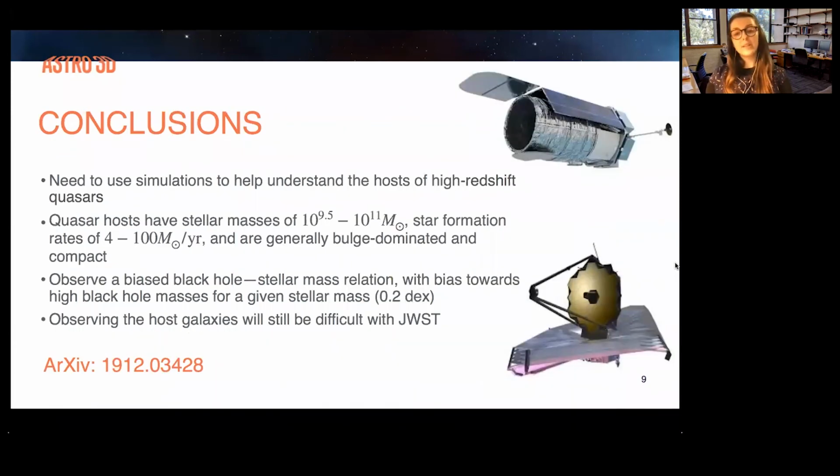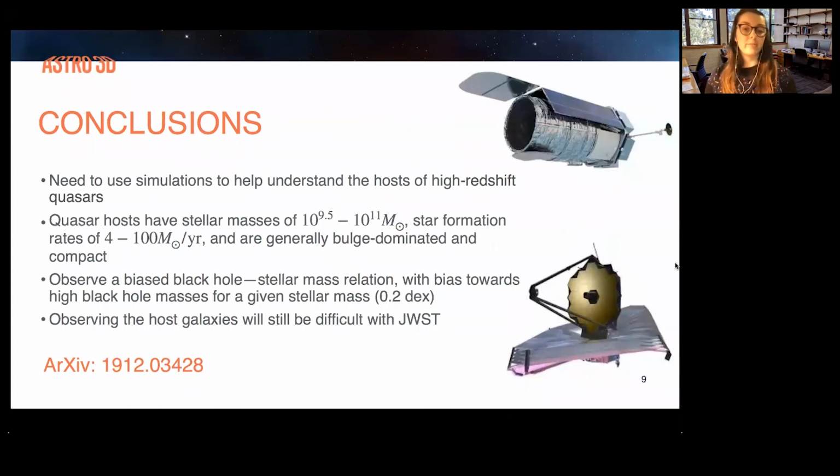So with the current capabilities of telescopes, we still can't understand the host galaxies of high redshift quasars. And so we need to use simulations to understand them. And so we look at the properties in terms of galaxy properties and environments of quasar host galaxies.